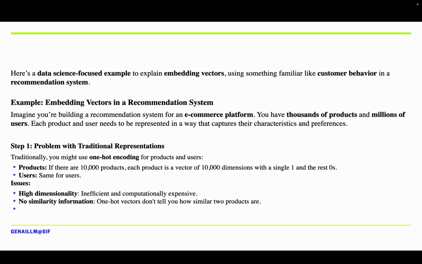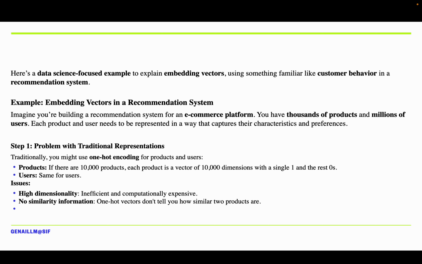Problem with the traditional representation: if you go for one-hot encoding, suppose there are 10,000 products, then each product is a vector of 10,000 dimensions with a single one and the rest zeros. The same applies for users. It is huge, high-dimensional data that is inefficient, the computational complexity is very expensive, and there is no similarity information.